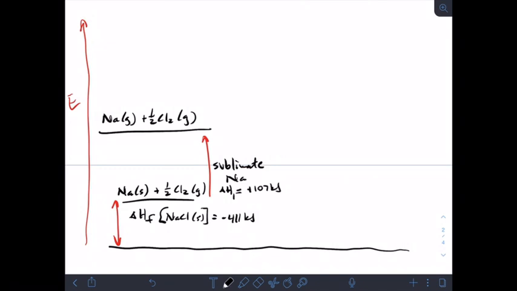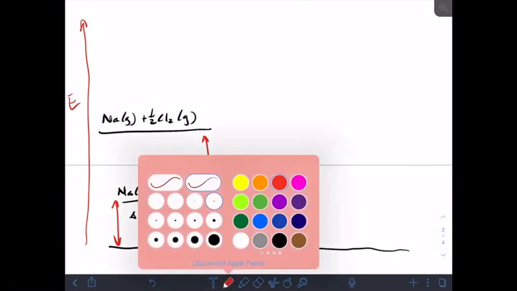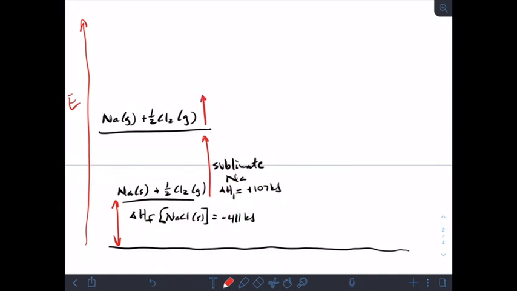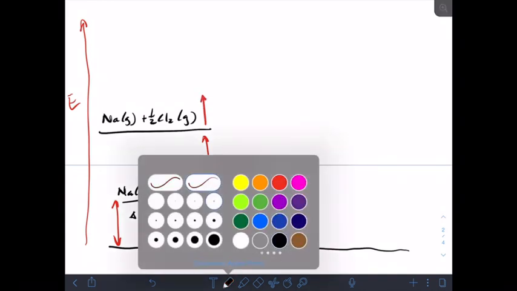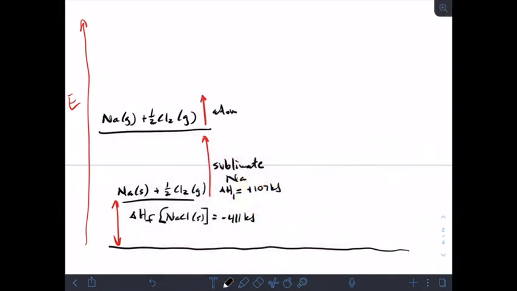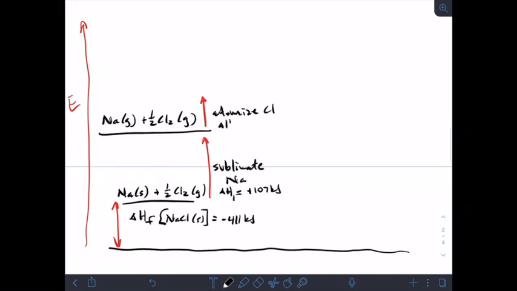So I'm going to atomize my chlorine gas, and that has a delta H, we'll call it delta H2, equal to plus 122 kilojoules.